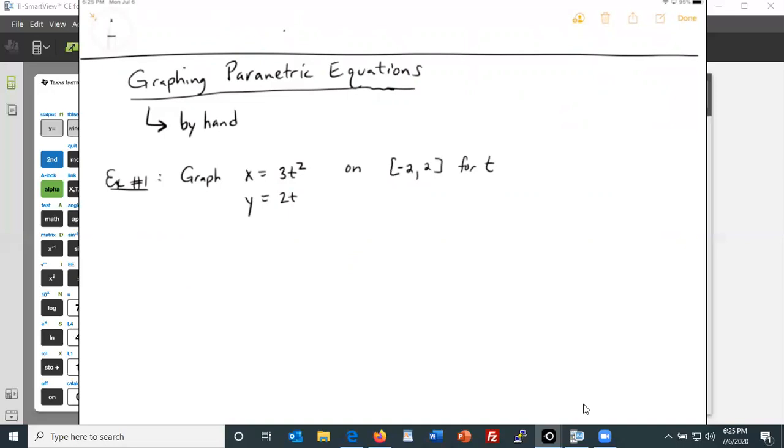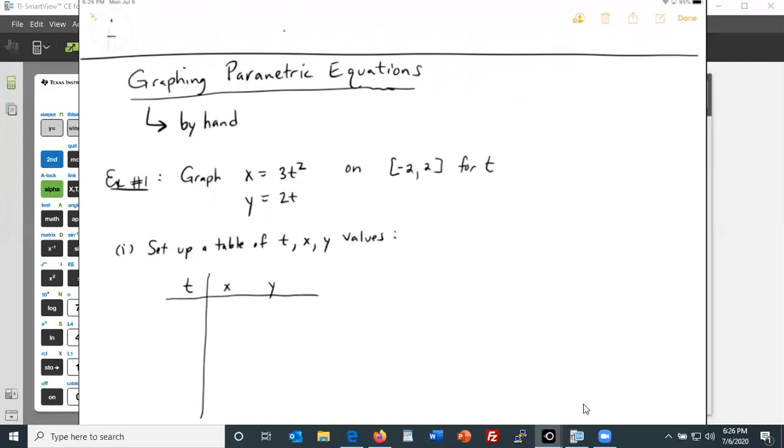So the first thing you want to do, step number 1, is to set up a table of t, x, and y values. Because remember, you have 3 variables, x, y, and t, or t, x, and y, whatever order you prefer. Let's do it in that order, t, x, and y.